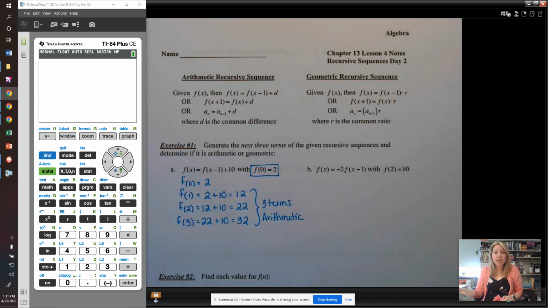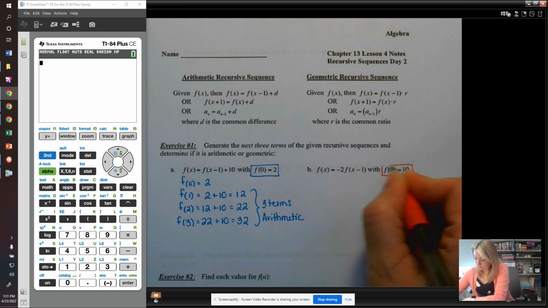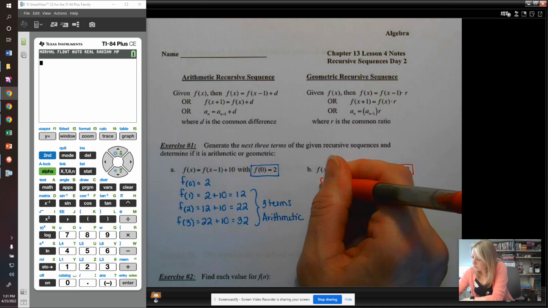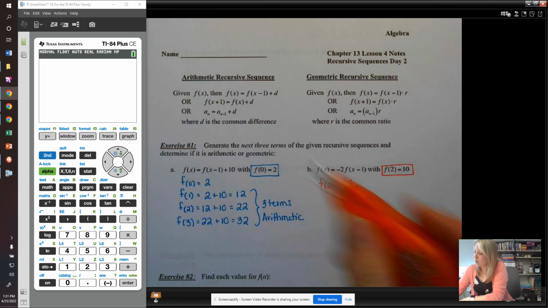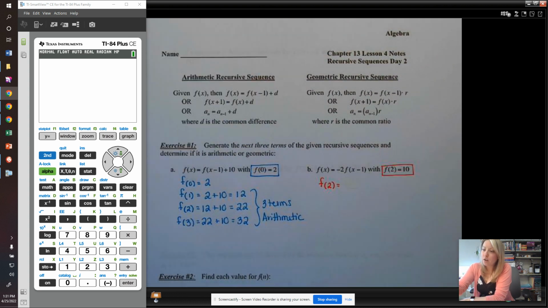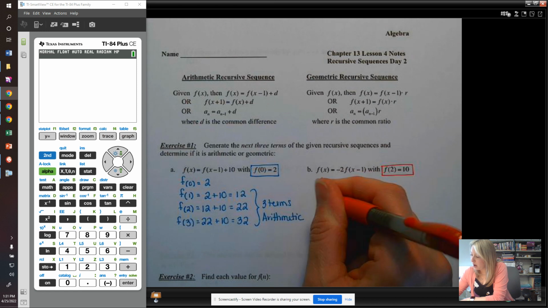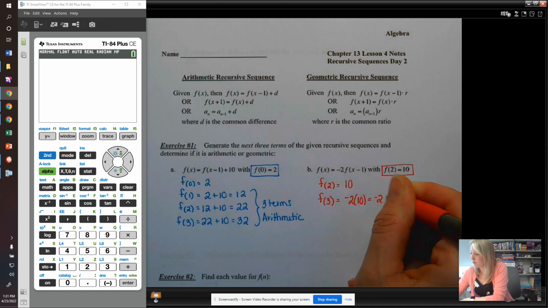What's going on in B over here? So I start with f of 2 equals 10. And to find each subsequent term, I'm going to take the previous term and multiply it by -2. I was trying to get into it before I started with my first given term of f of 2 equals 10. Now I can say the third term, f of 3, is -2 times 10, or -20.